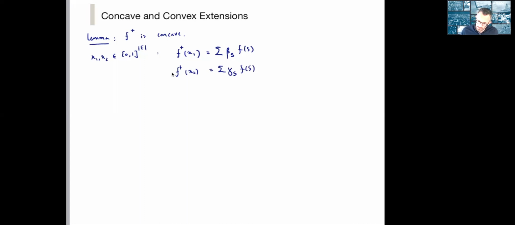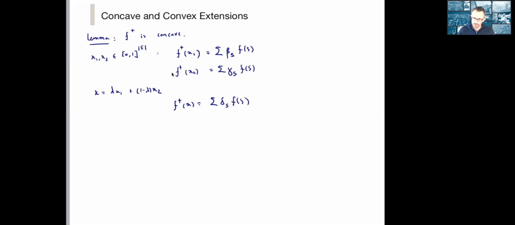And now let's turn to any convex combination. So let's take x to be some convex combination of x1 and x2 and ask, what is f plus of x? Well, f plus of x is yet another convex combination, delta s of f of s.